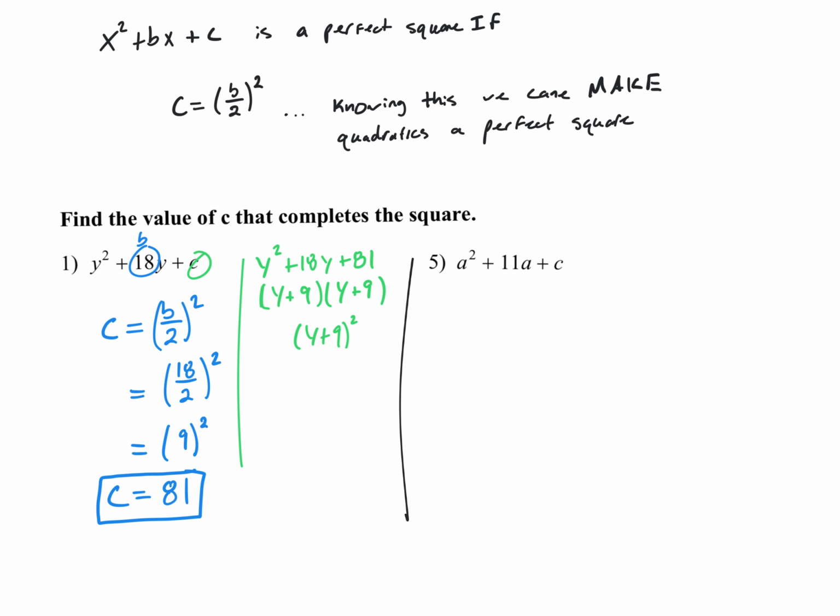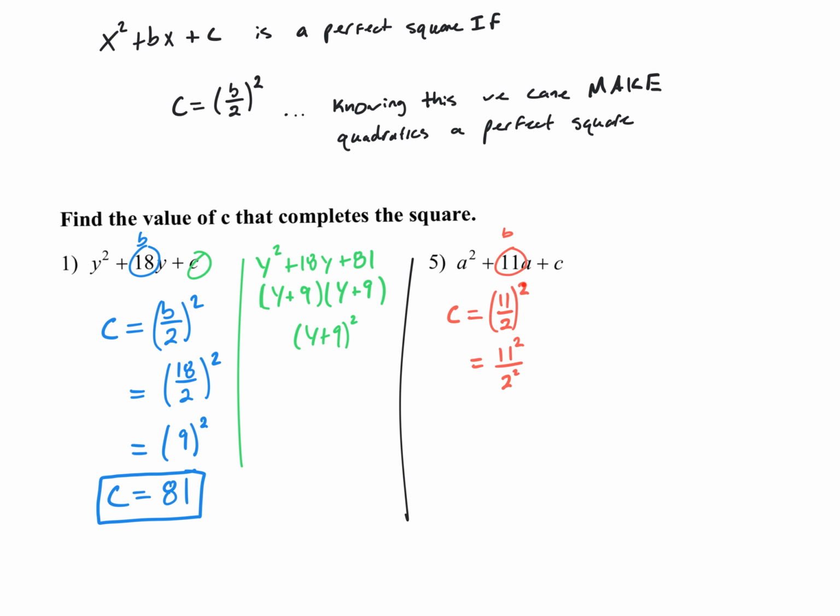So we're going to say, then, remember this is my b. So I want my c to be this b, 11 divided by 2 squared. Well, 11 isn't divided into 2 evenly, so we'll just square it as normal. So remember our exponent property of 11 squared over 2 squared. We can do that.